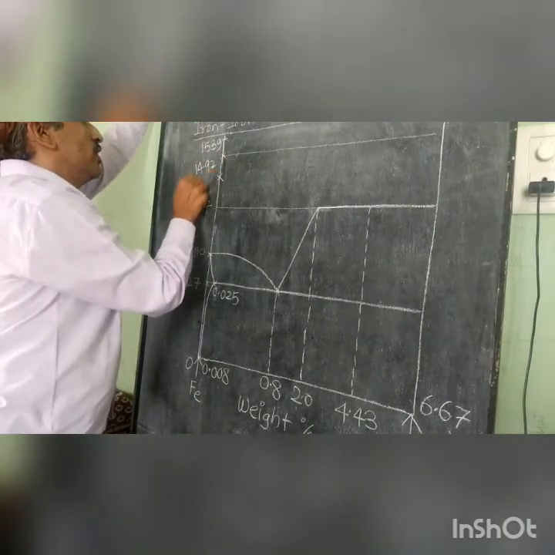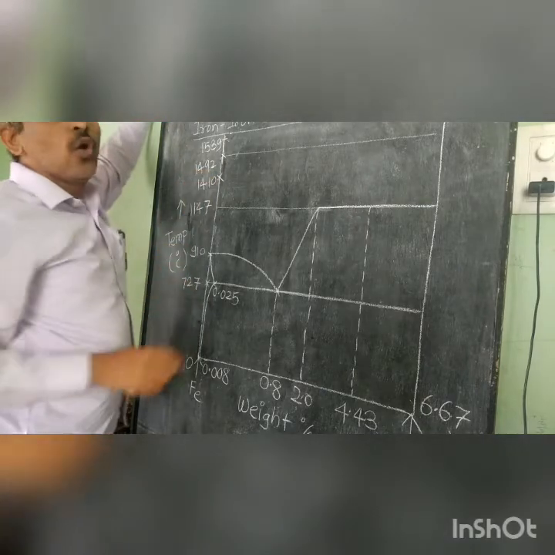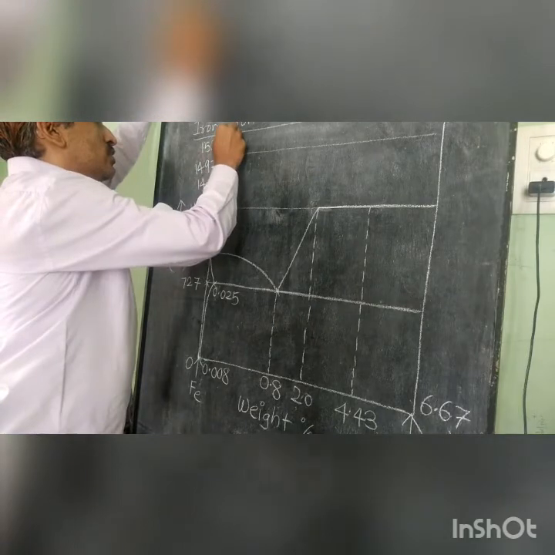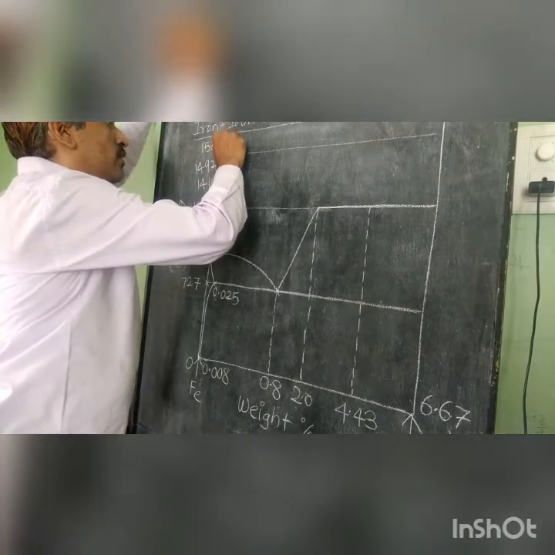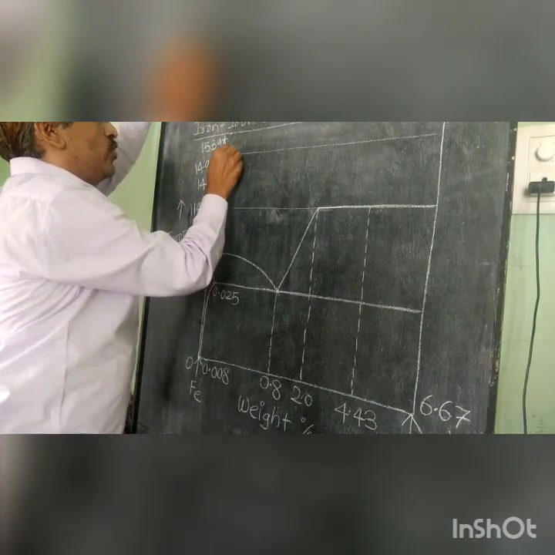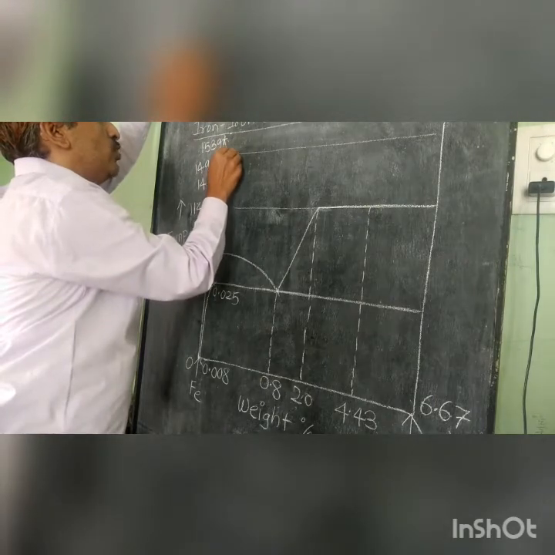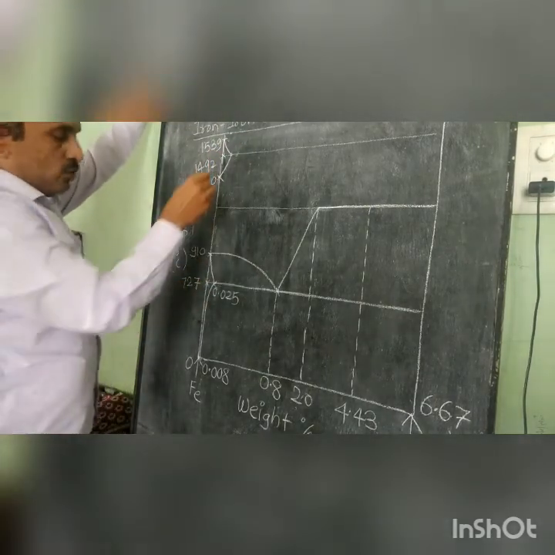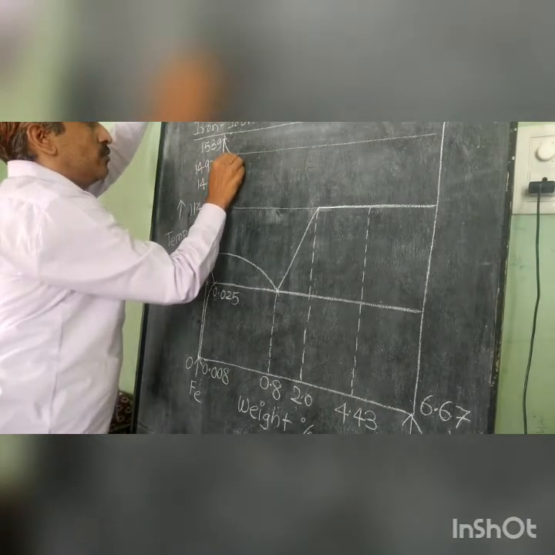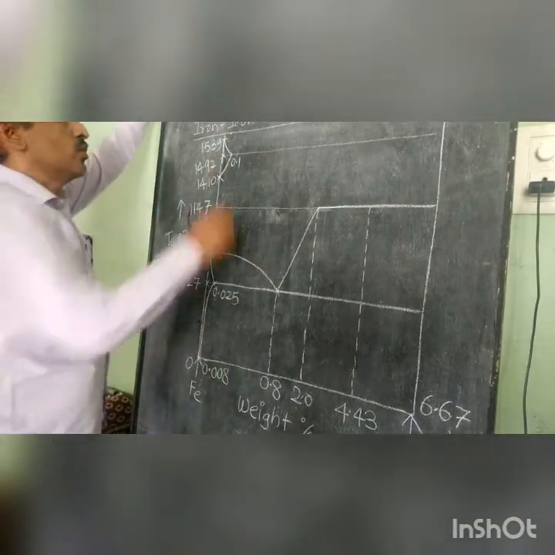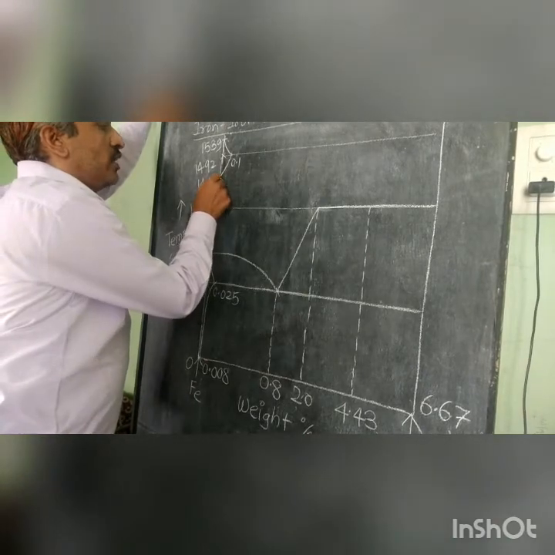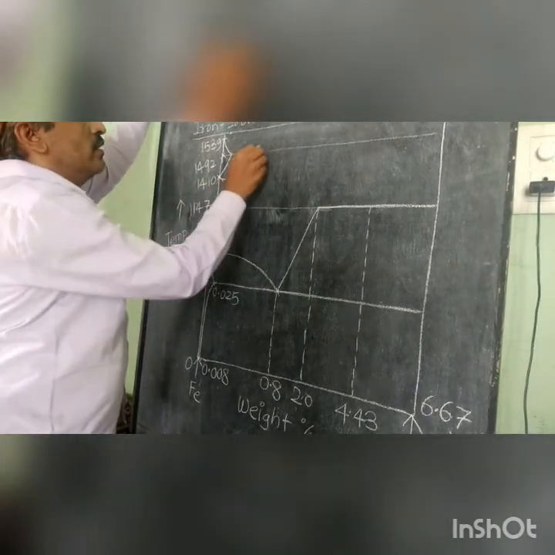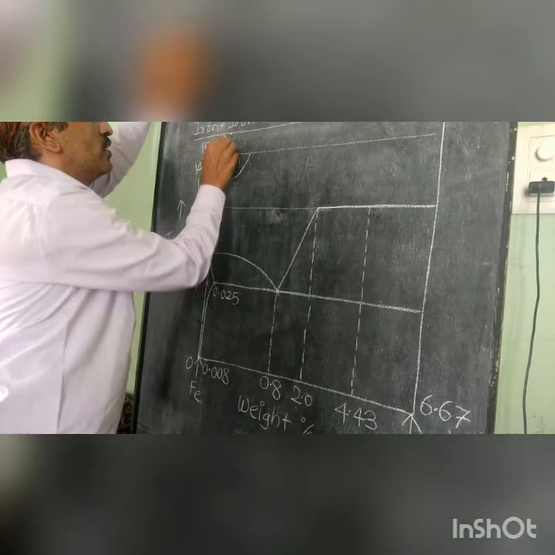This is 1410. We start from 1539 so that it will come to 0.1. Next you join this point with this one. This is 0.1% carbon. Please make a note.